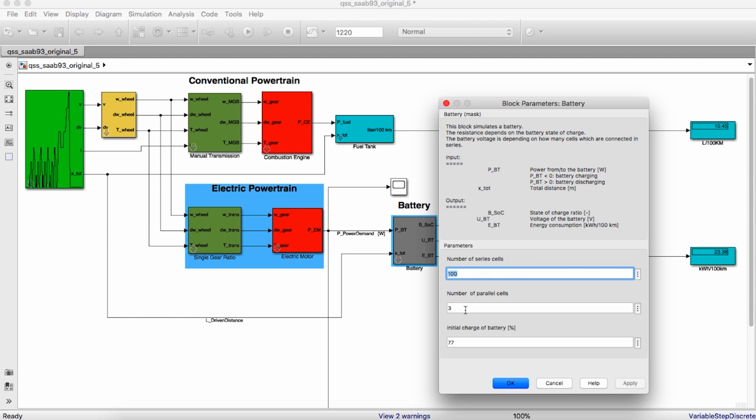We also need to input initial state of charge. In this case, it's set as 77. Remember that the energy need for the drive cycle was about 2.5 kilowatt hours, and the total energy we have to utilize in this battery is 30 kilowatt hours.